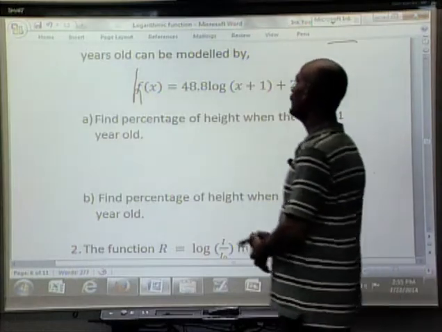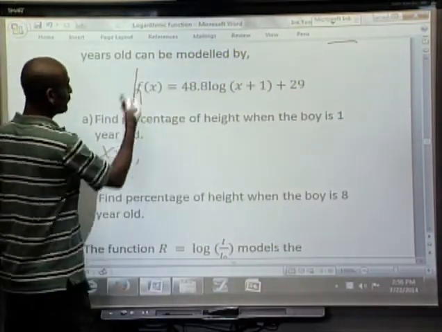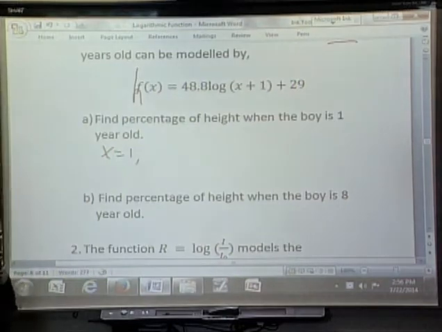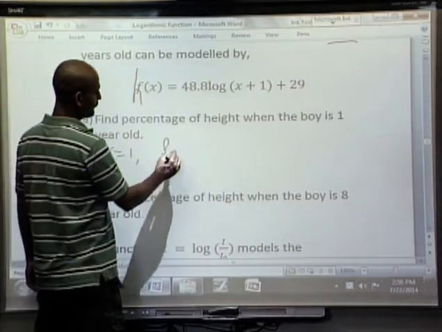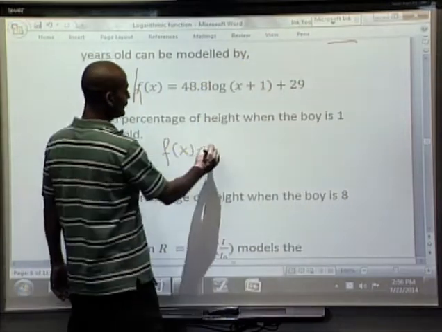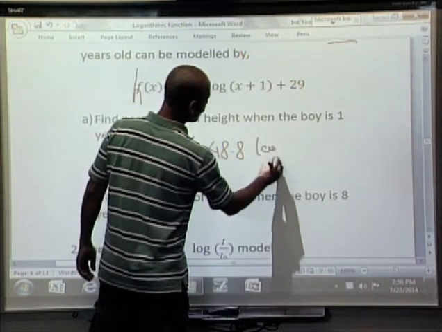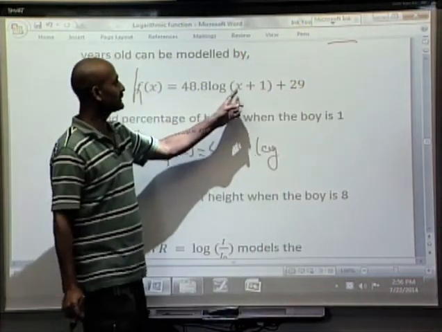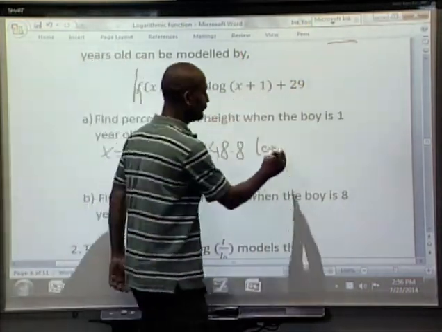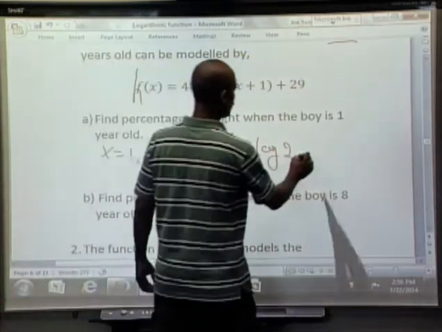Basically, what this is saying is, if x equals 1, how much is the height? Simply let me calculate f of x using this formula. So, this is 48.8 times log of x plus 1, so 1 plus 1 gives me 2, log of 2, plus 29.